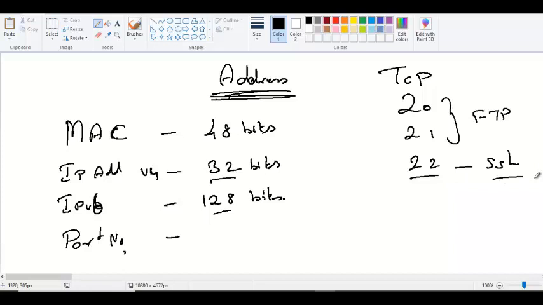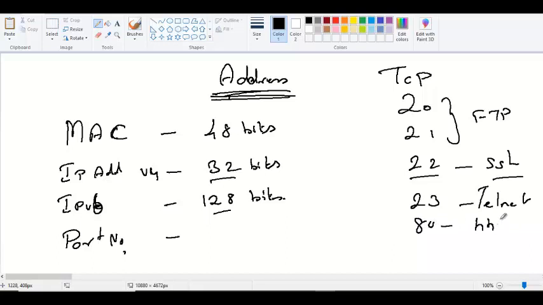Port number 23. What is port number 23 TCP? Santosh, what is port number 23? Telnet. Telnet. Port number 80 HTTP.